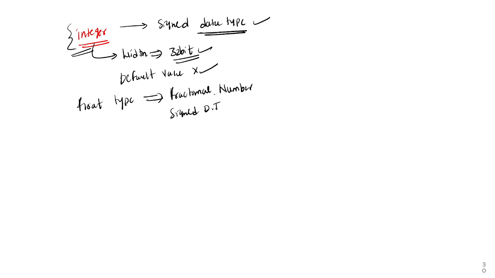The size of the float data type is 64 bit, and the default value is also x.